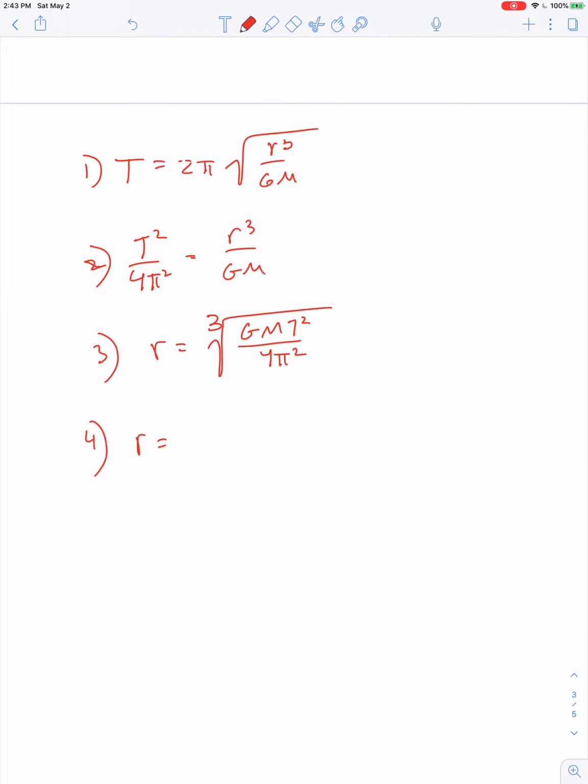So the orbital radius for a geosynchronous satellite of the Earth is the cube root of 6.67 times 10. Well, I don't need to write that all individually. I know what the product of GM is equal to, 4 times 10 to the 14th. Period is 24 hours, but I need to multiply that times 3,600 seconds per hour. It's T squared divided by 4 pi squared.